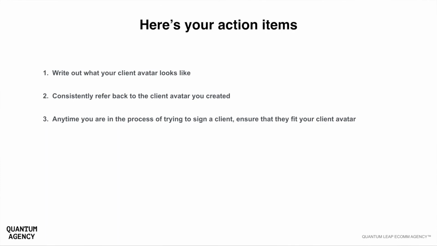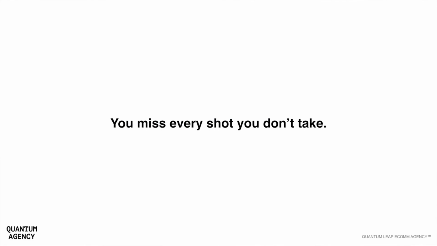Once you've written out exactly who the client avatar is using those 5 points, and potentially some other things that you personally add in, consistently read over it every single day, so you know exactly who you're looking for and who you aren't. And anytime you are in the process of trying to sign a client, ensure that they fit your client avatar, okay?